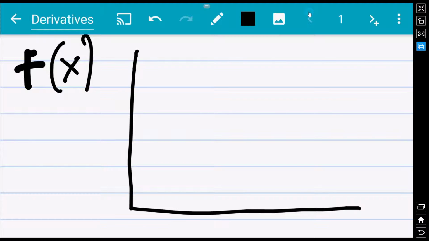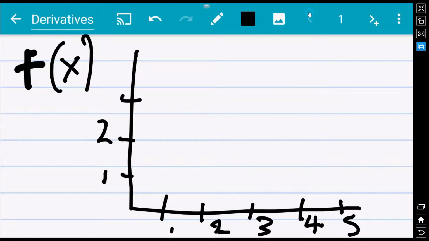So at 1, at 2, at 3, at 4, at 5. And here it's going to have 1, 2, 3. So this graph, let's say 4, because we're probably not going to get to 5 anyway.